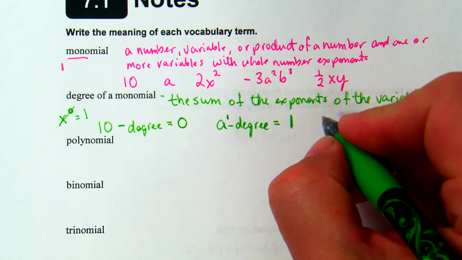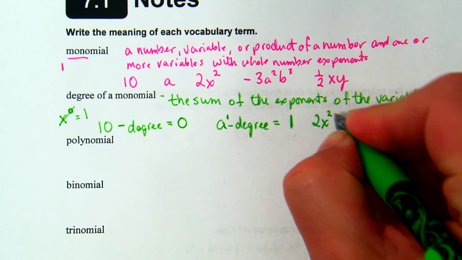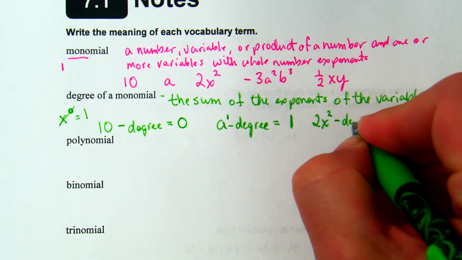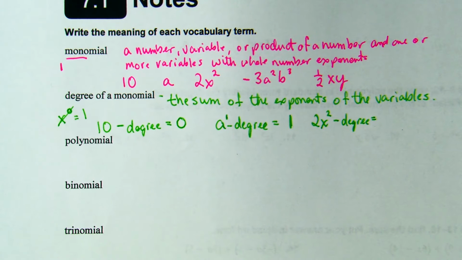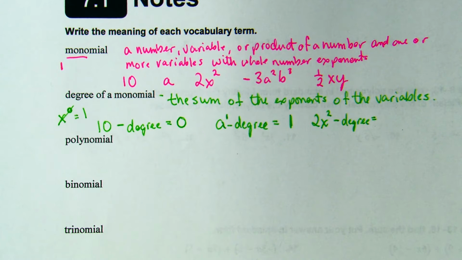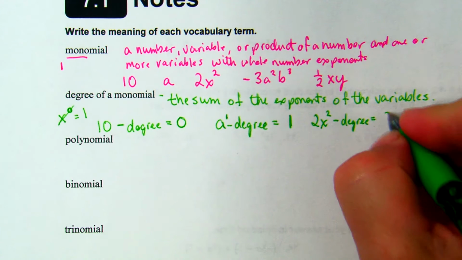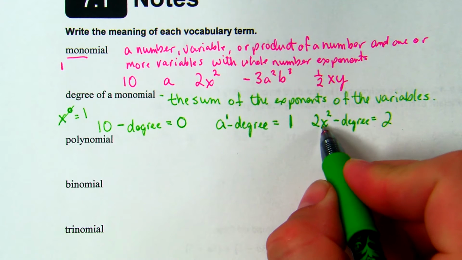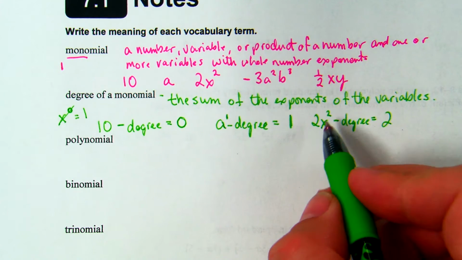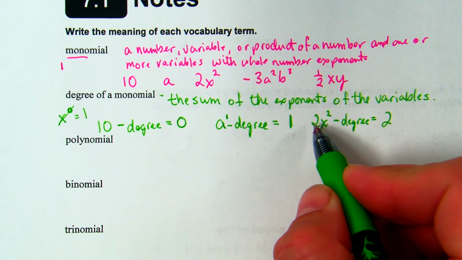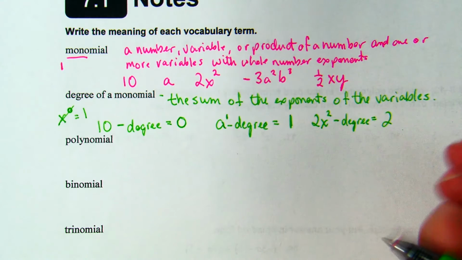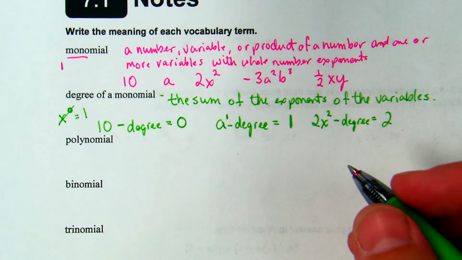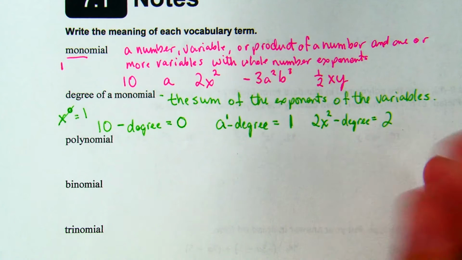What about 2x squared? What's going to be the degree of 2x squared? And I'm getting signs here. It's 2, and it is 2. It's 2 because we have 2 x's. It's the degree or the number of variables. If you think about it, I have 2 times x times x. So how many variables do I have? Well, I have 2 x's multiplied times each other in this product. So the degree is 2.